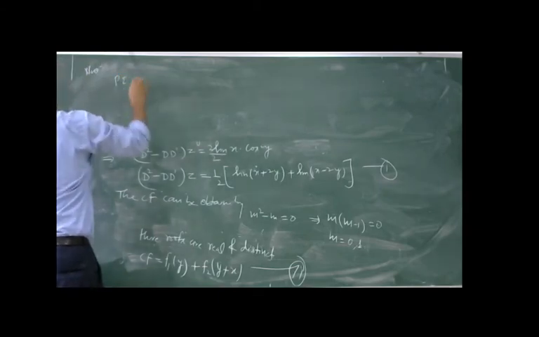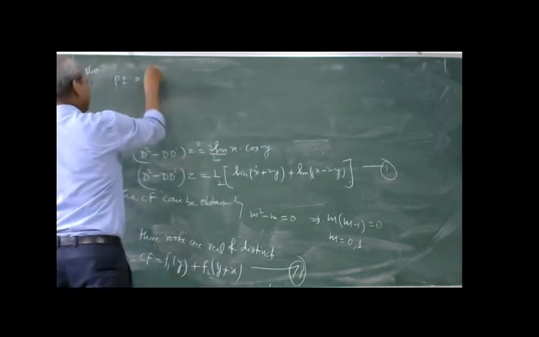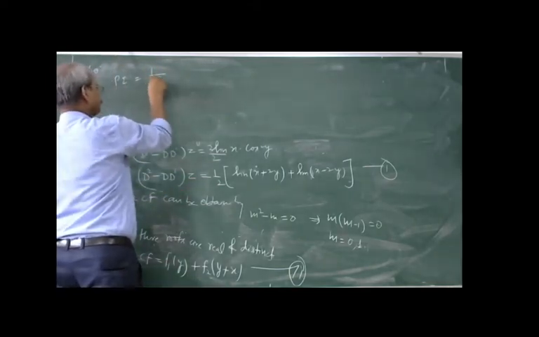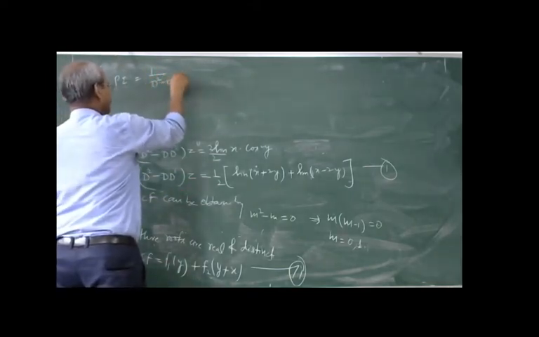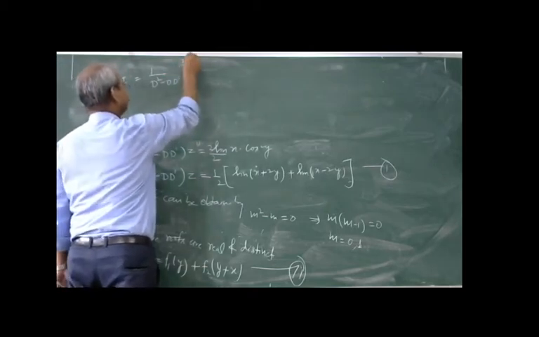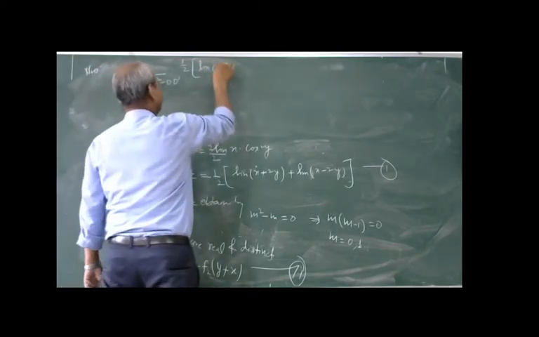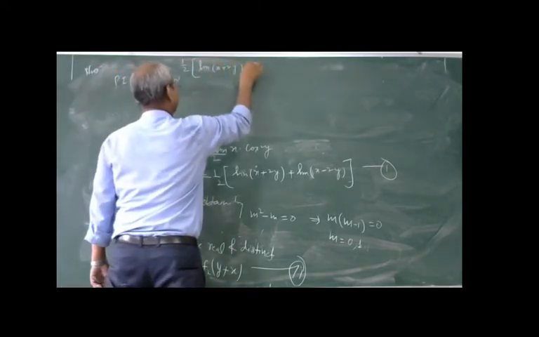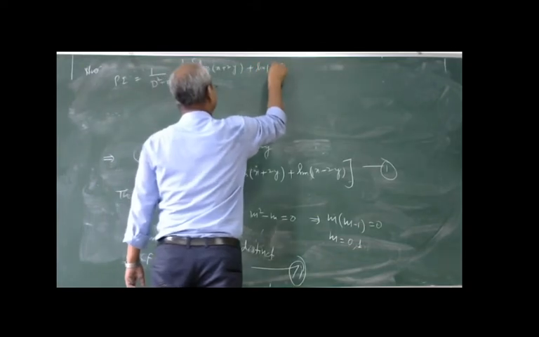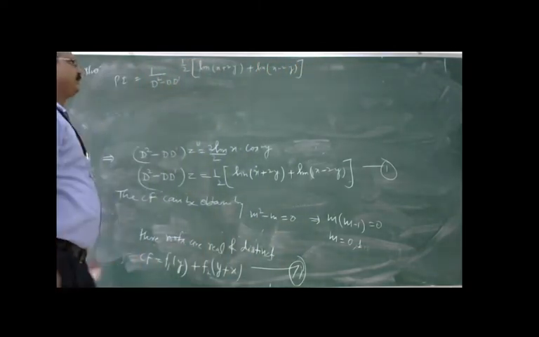Particular integral is equal to 1 upon (D² minus DD') of 1 by 2 [sin(x+2y) plus sin(x−2y)]. Okay, students?